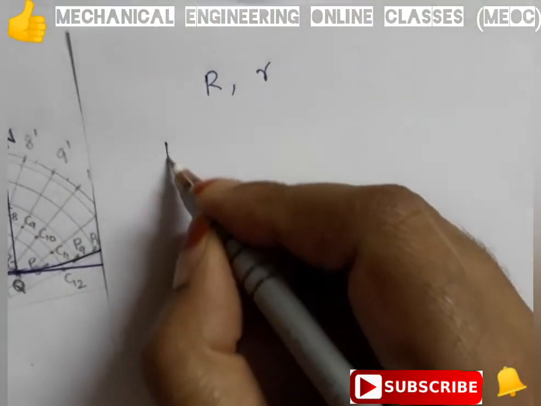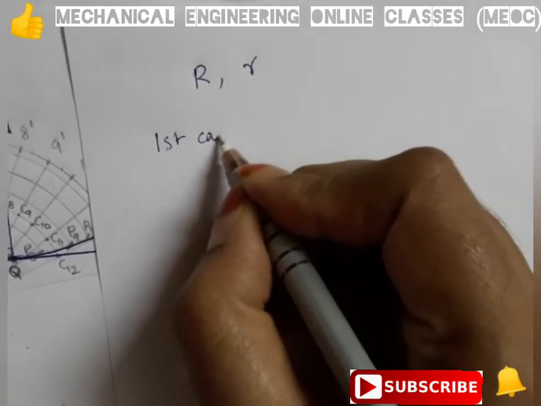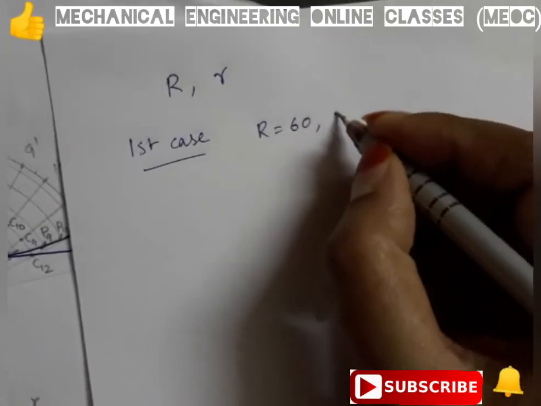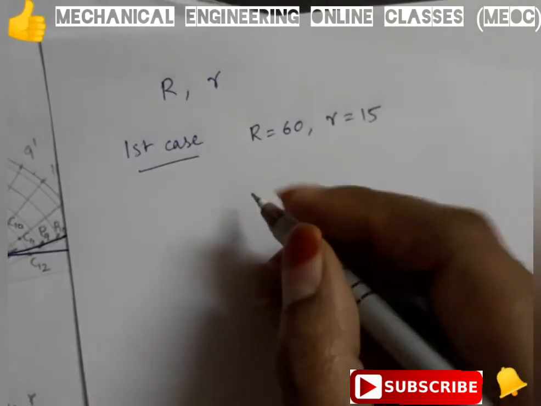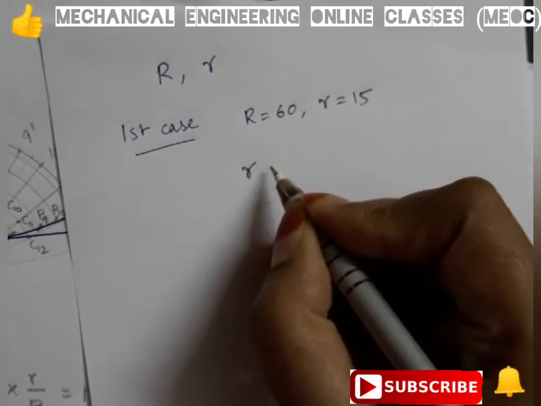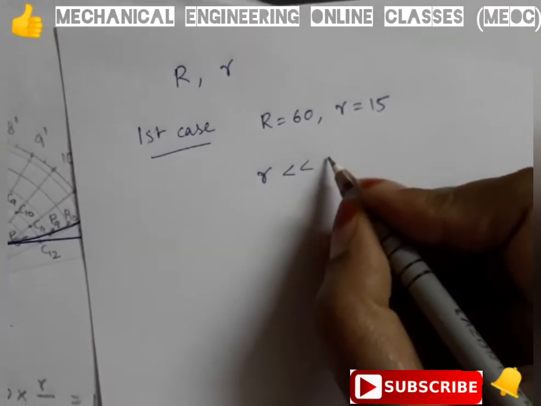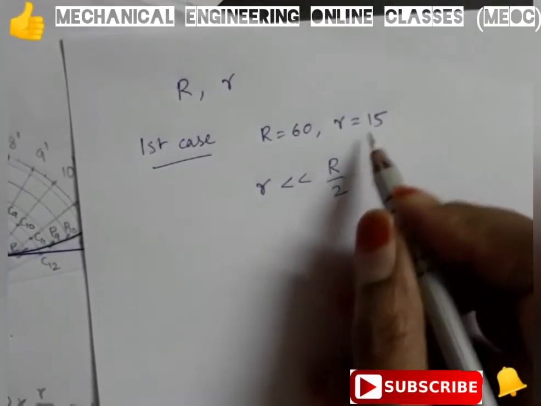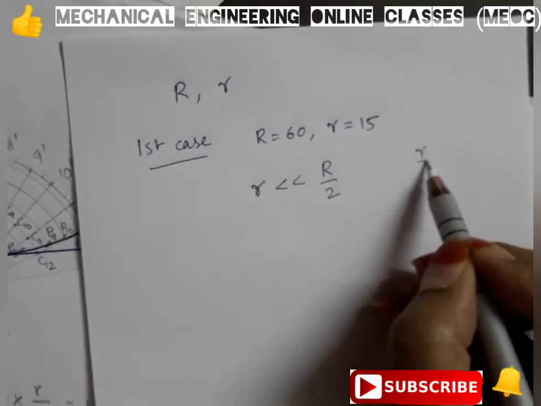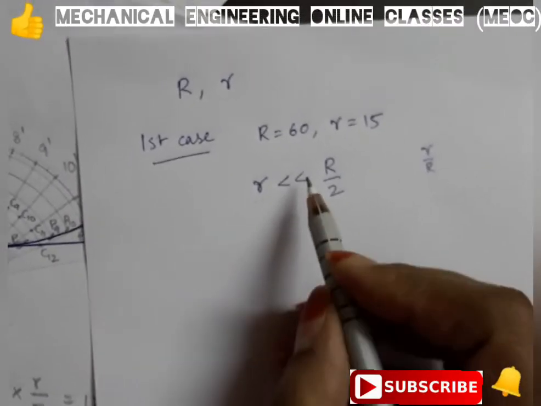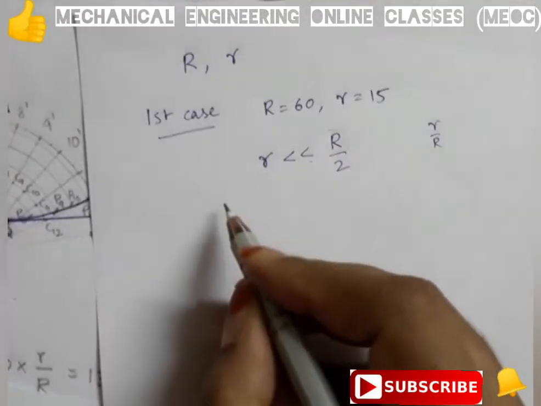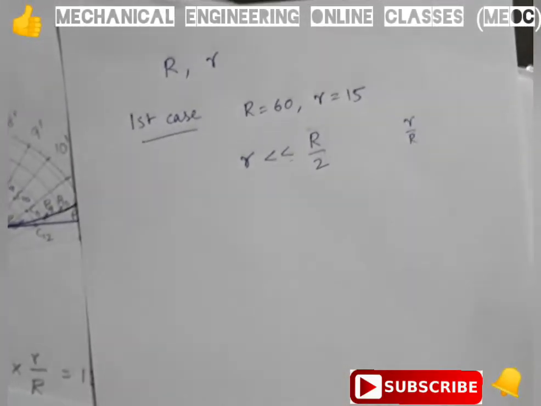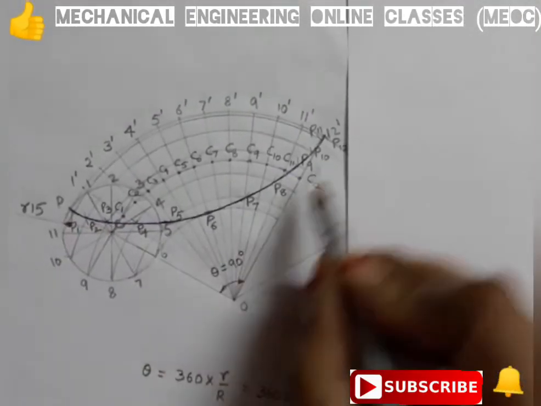In the first case, capital R is equal to 60 and small r is equal to 15, so small r is very much lesser than half of capital R. If you calculate r by capital R, it is only 1/4, which is very much less than half of capital R. This is the reason for the curve to be very clear. Here we got a clear curve.